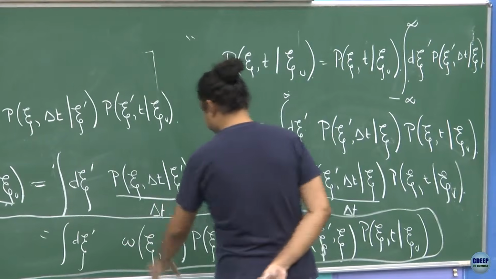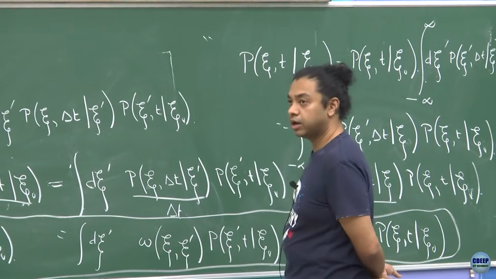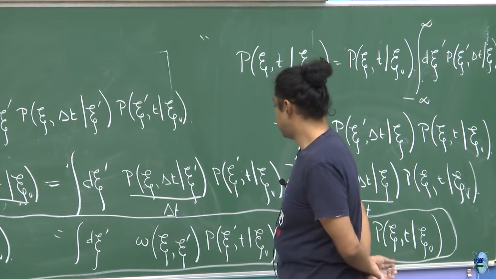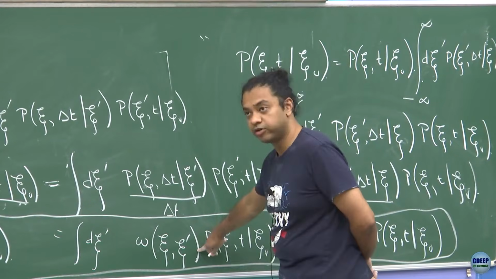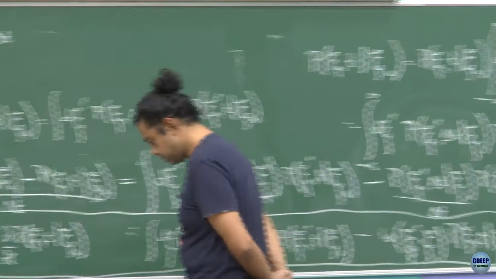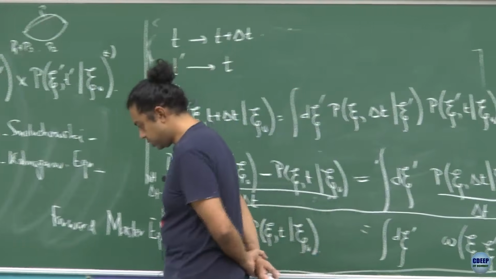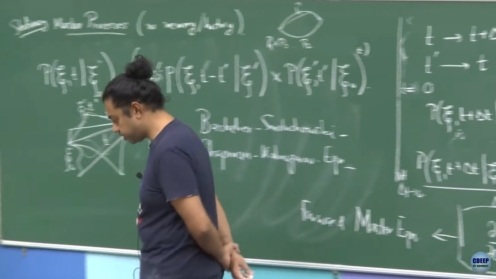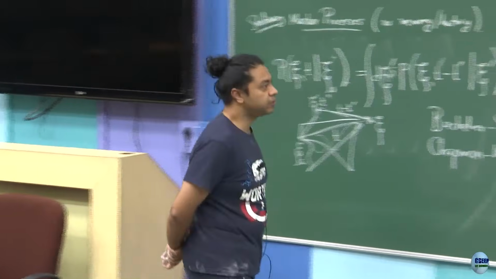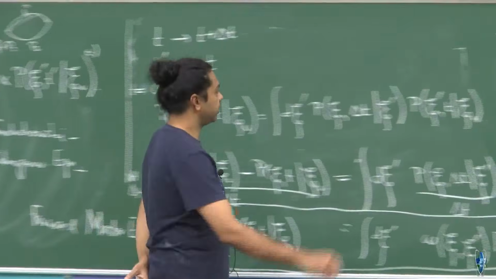If I know these transition rates, then I can use this equation. For example, it is always good to go back to the random walk and think about this.